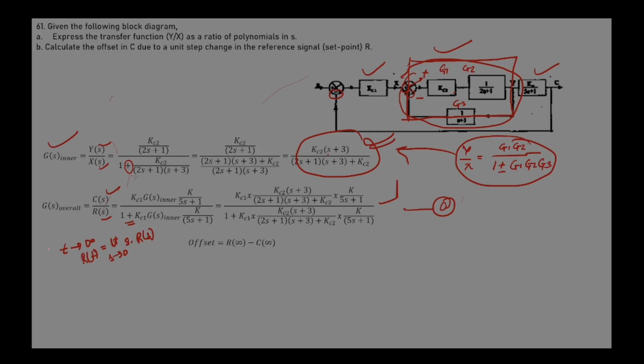This is the final value theorem. So I have to find R(t) as t tends to infinity. For that, limit s tends to 0, s into R(s).